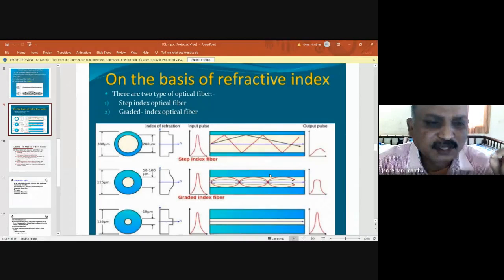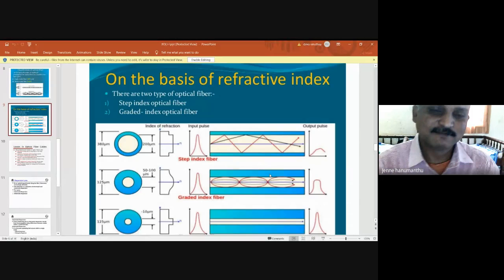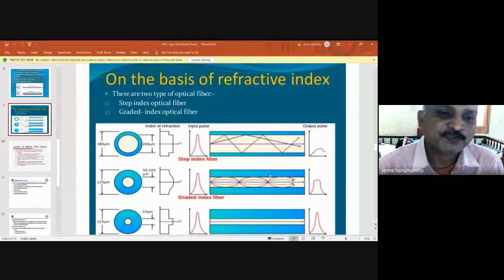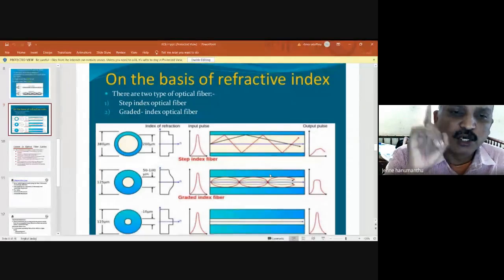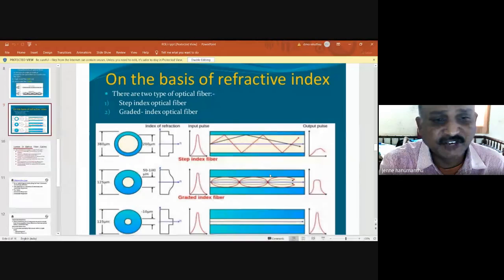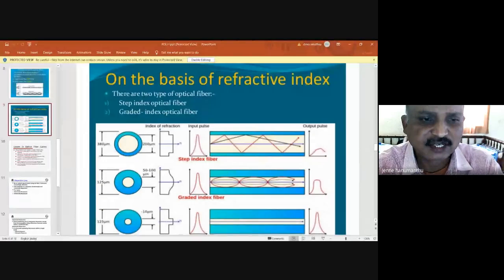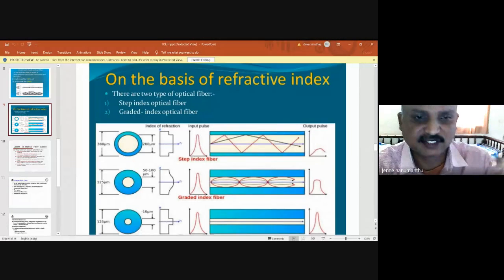But why am I stressing this? If light enters into the core, because of refractive index differences, listen carefully. When the light enters into the core section of the fiber, because the core has some refractive index and the cladding has some other refractive index, this is the refractive index difference.